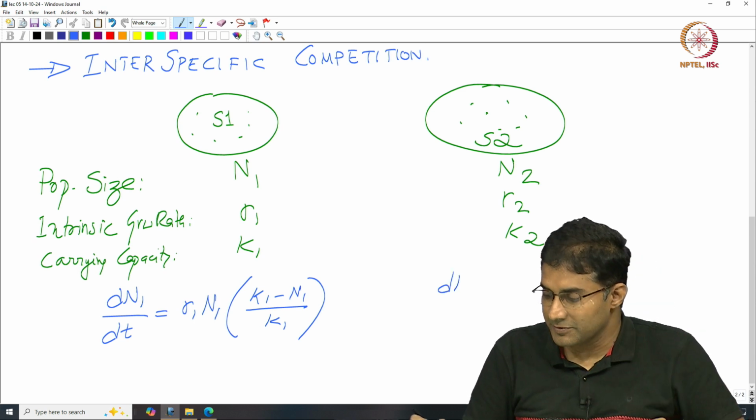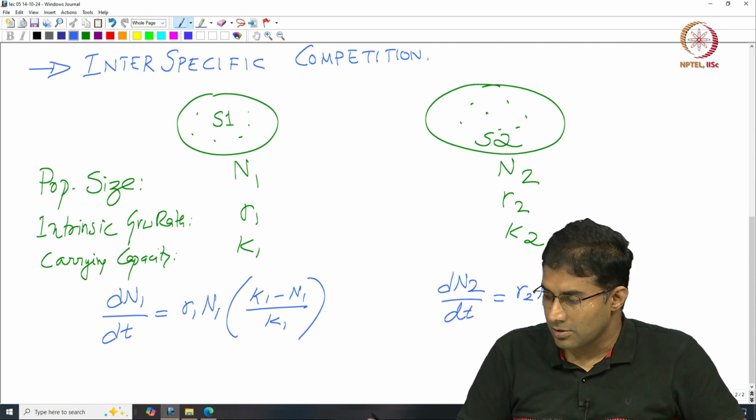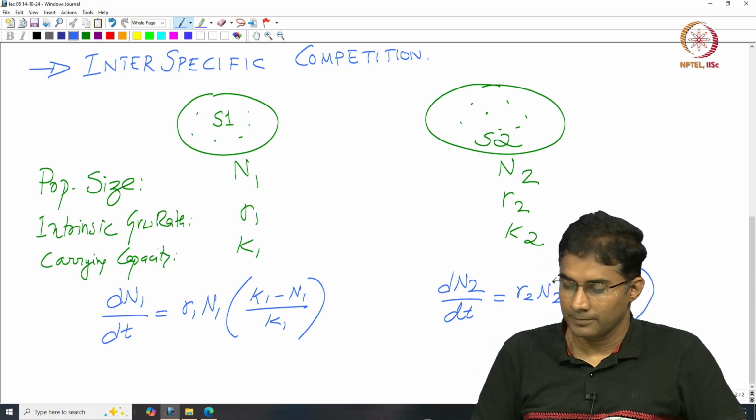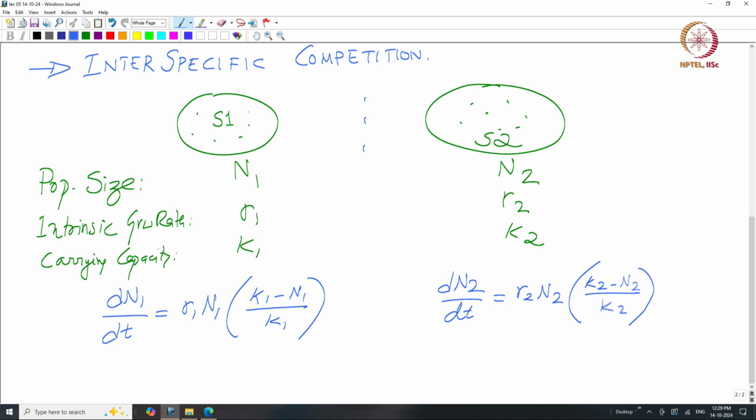On the other hand, for species 2, dN2 by dt will be given by R2 N2 times (K2 minus N2) divided by K2. So, in the absence of other species, actually so far I have not included the competition between the two species.